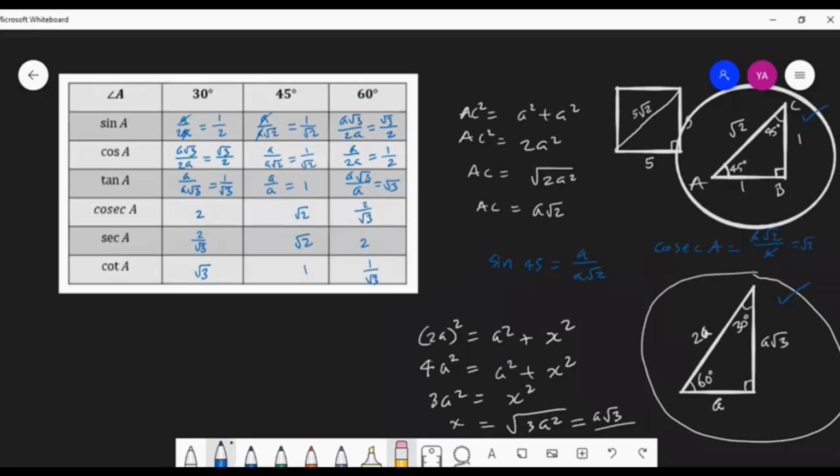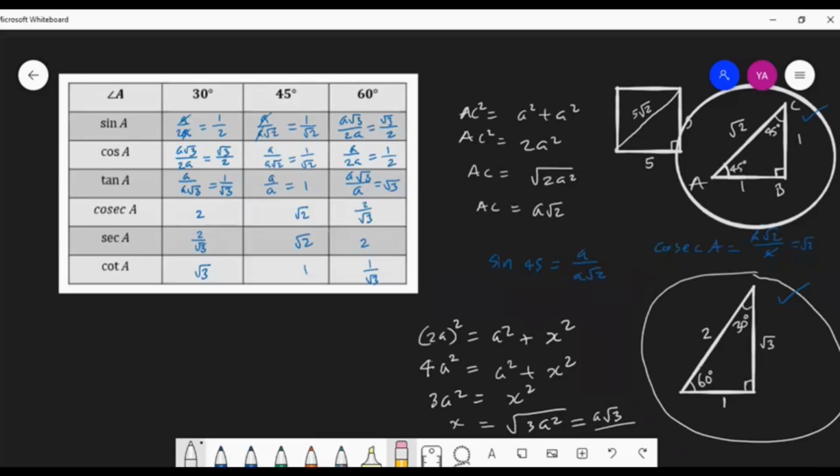So for the second triangle, we can write the ratio of sides in simplest form. Suppose this side opposite to 30 degrees, the smallest side, is one unit, then the hypotenuse will be its double, 2. Now what will be the side opposite to 60 degrees? Root 3 will come.